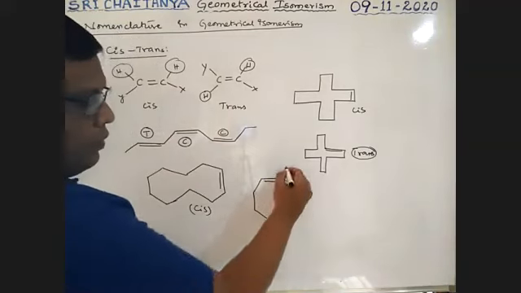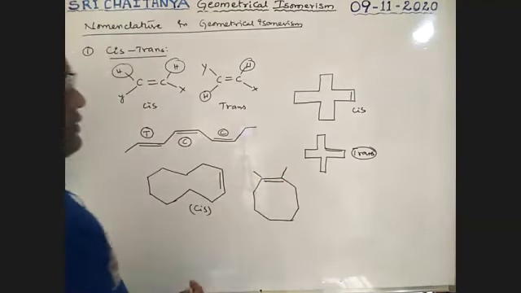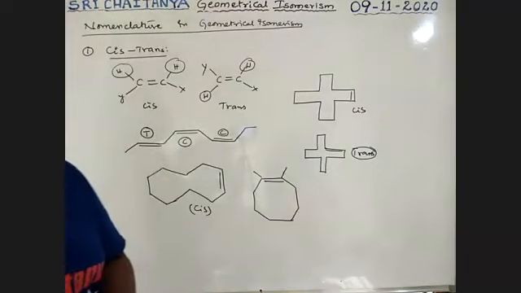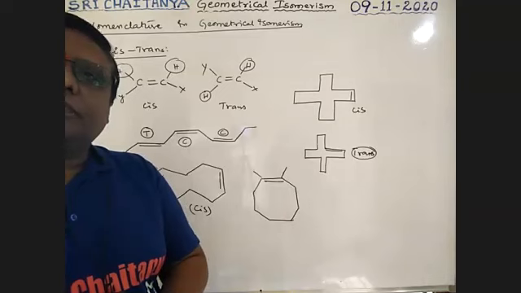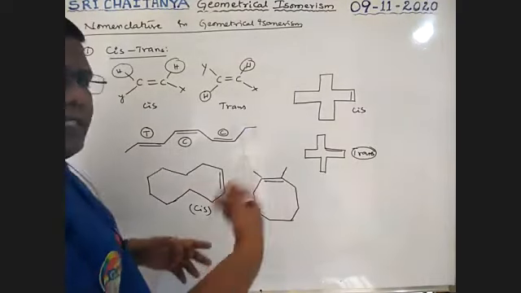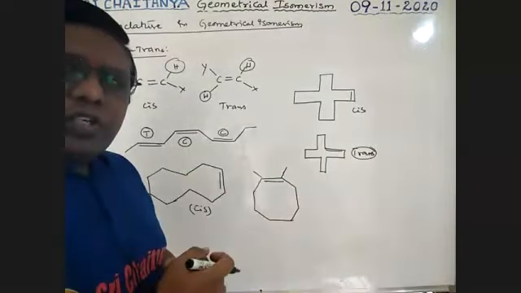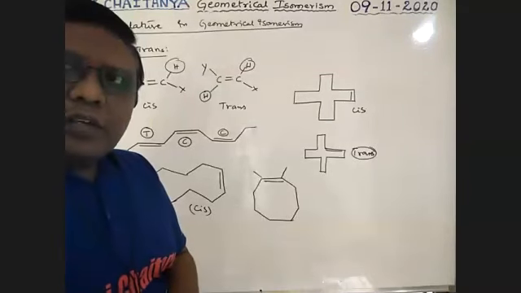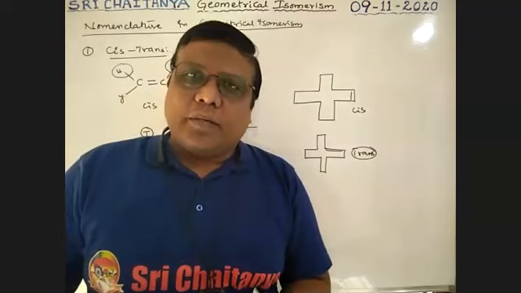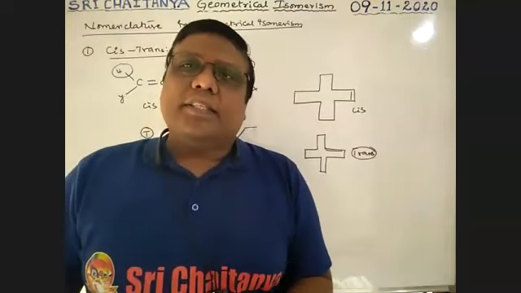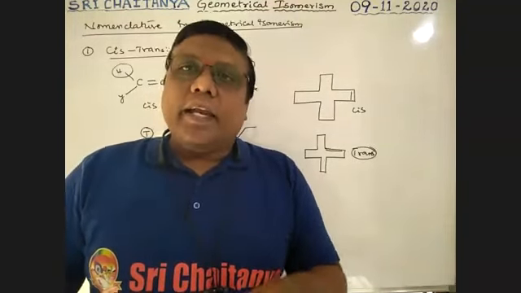What about this? Is this cis or trans? Yes, cis. So the trans one is twisted. Already we wrote this at the time of cycloalkenes, boys. The minimum number of carbons to exhibit cis-trans isomerism, that is geometrical isomerism, for cycloalkenes is 8.